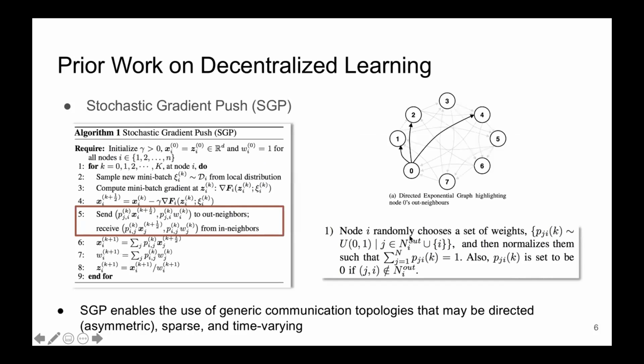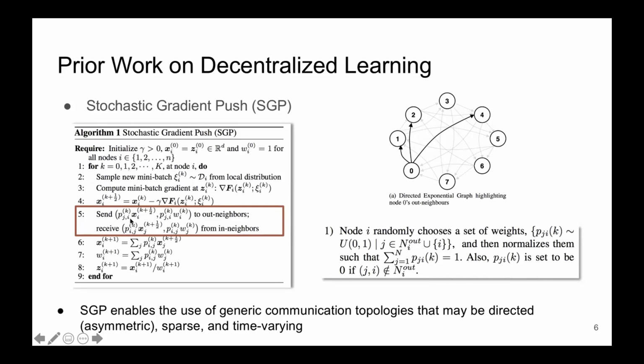And the next approach is called stochastic gradient push. Instead of using the previous approach, they change this step here. This step is the push-sum step.